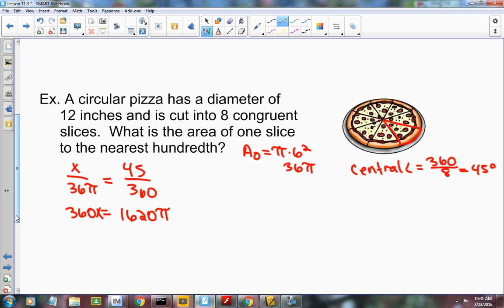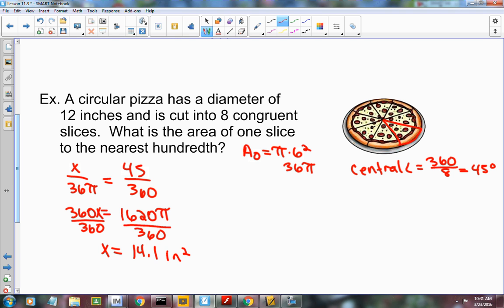And then you divide both sides by 360. And we get 14.1 inches squared. So that's the area of one sector.